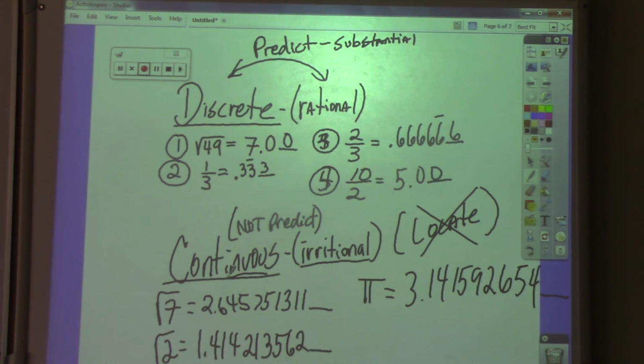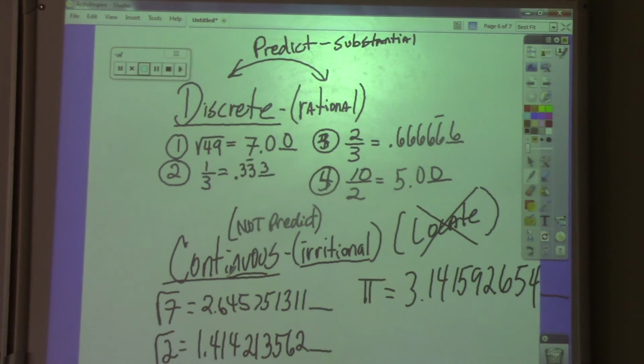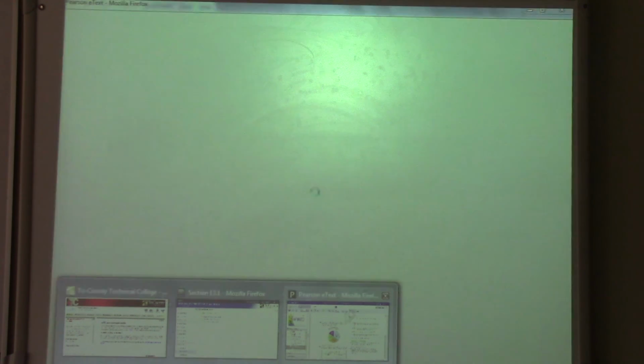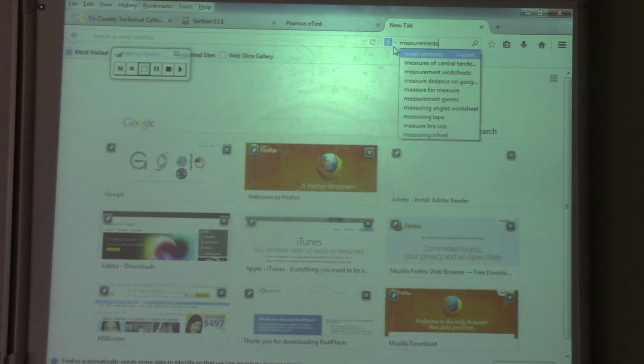All right. Let's say that I have a box of measuring utensils here. Some of you have never seen these things, because half of you don't know how to read a ruler anyway. Measurement, measuring tools.